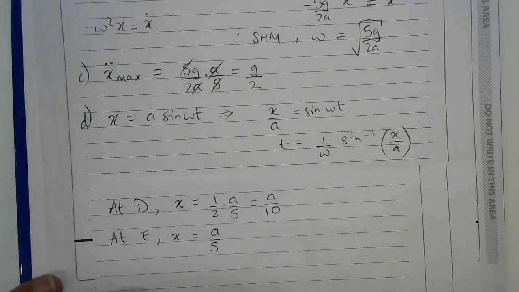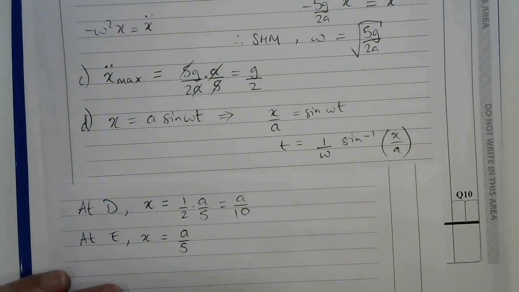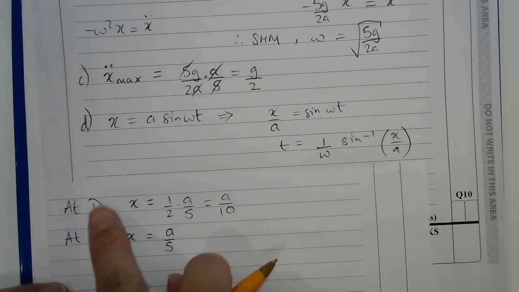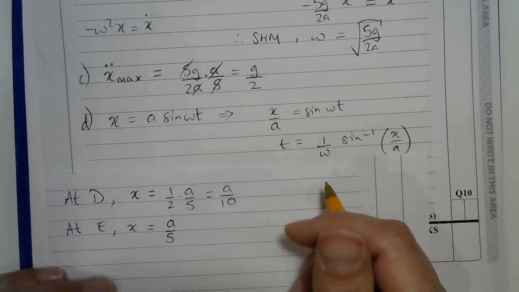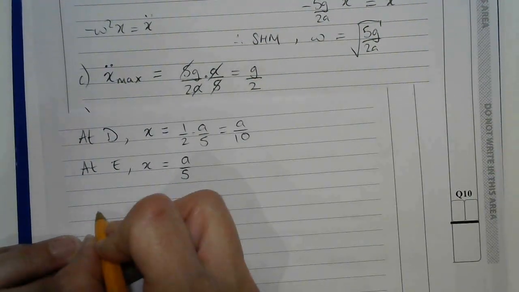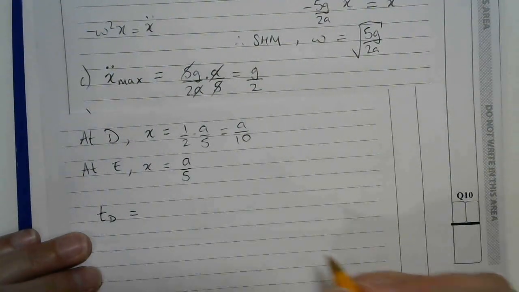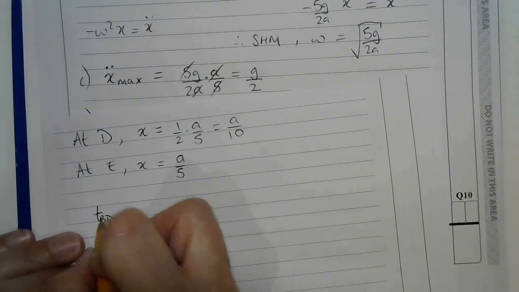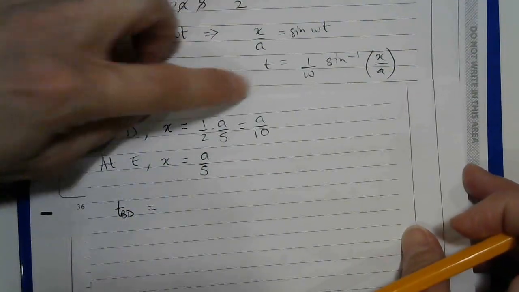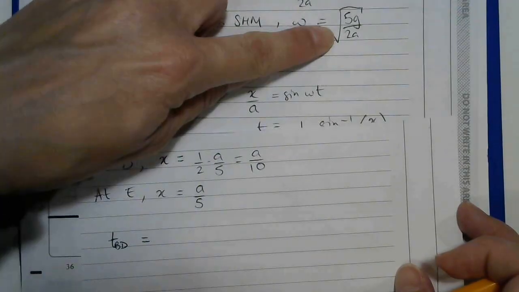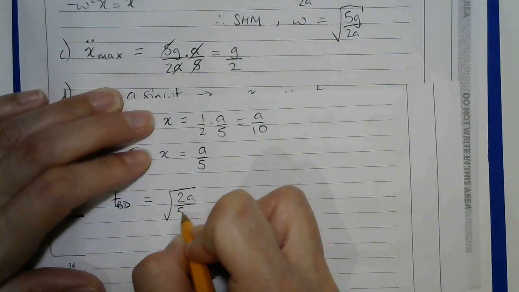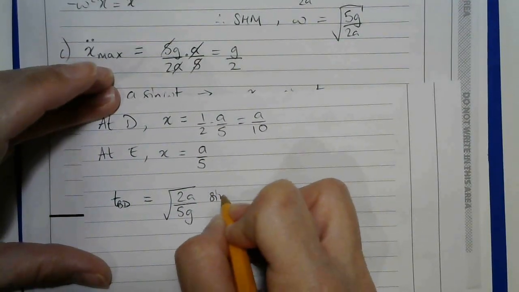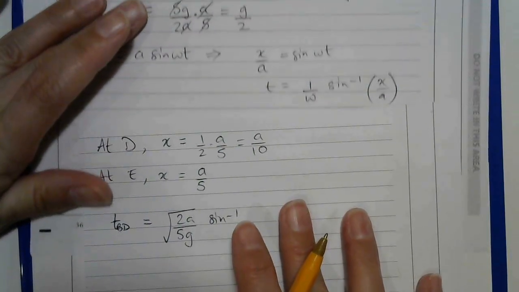Okay, so what will happen then? For D, the time at D, so from B to D, is going to be, using this formula, 1 over omega. So omega was this, so 1 over that is root 2a over 5g times inverse sine of x over a.